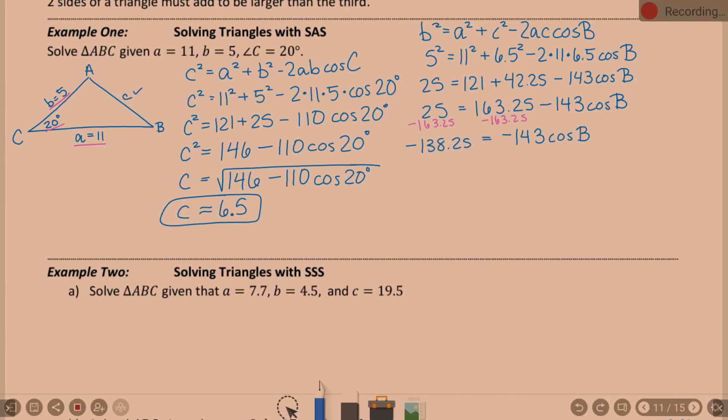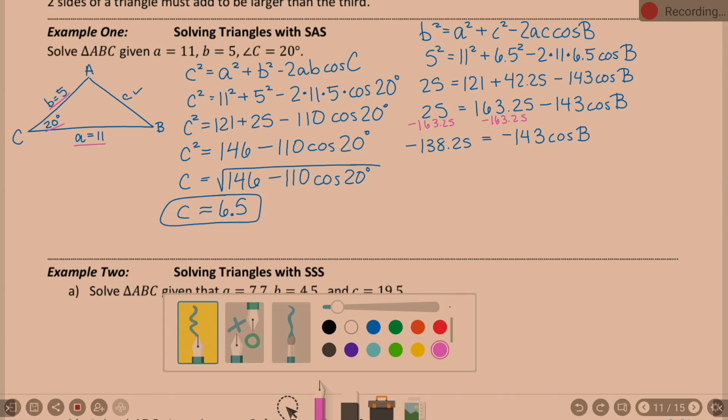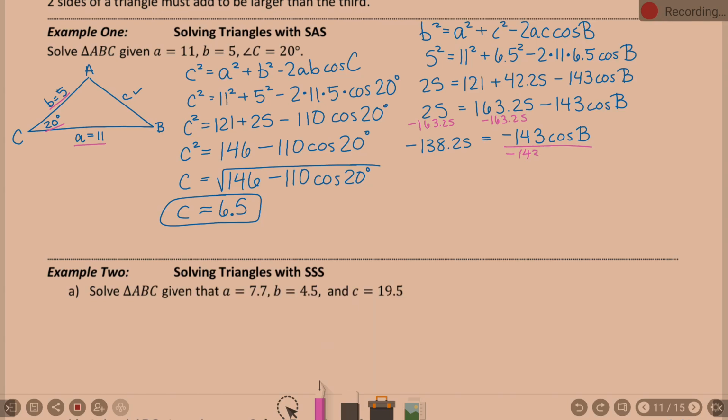Okay. We're going to divide the negative 143 away from the cosine B. So at that point, I'm going to have cosine B equals, I'm not going to divide it yet, but what do I know? A negative divided by a negative is going to be a positive. So you can leave the two negatives, that's fine. But I'm going to write mine as cosine B equals 138.25 over 143.